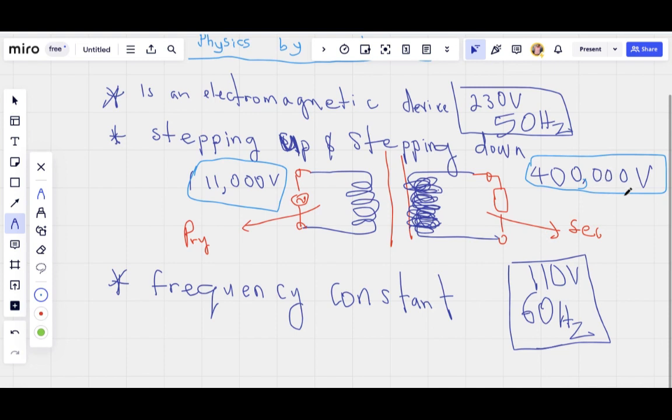As we get to other substations, we put in step-down transformers to bring down the voltage till we get to our home, where we can reduce it to 230 volts.